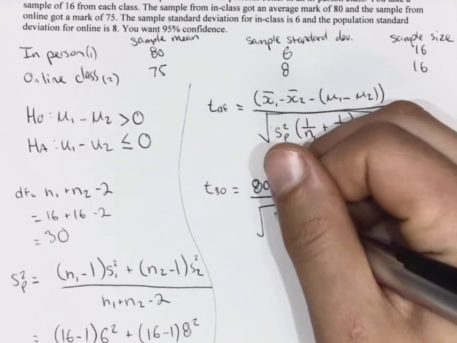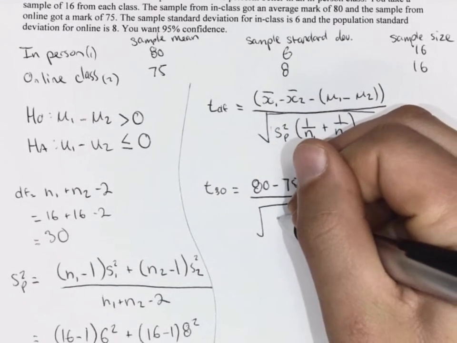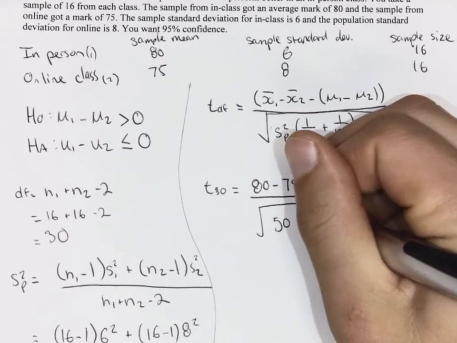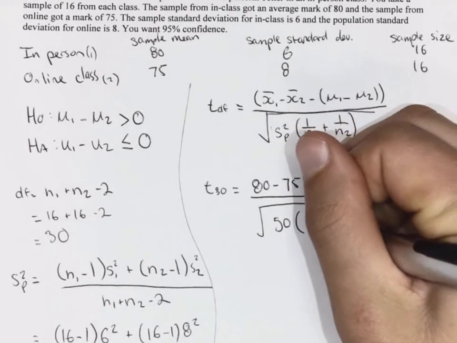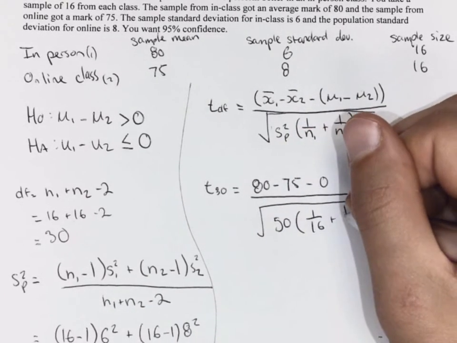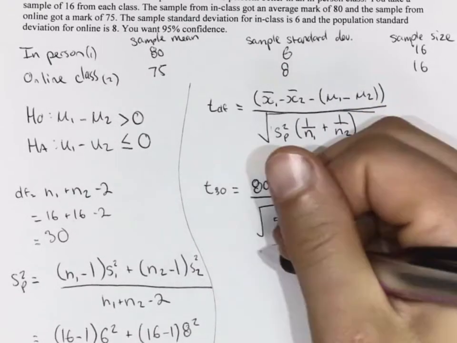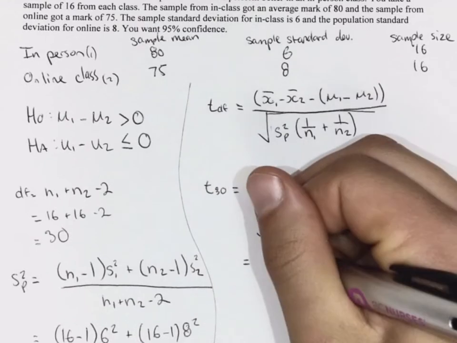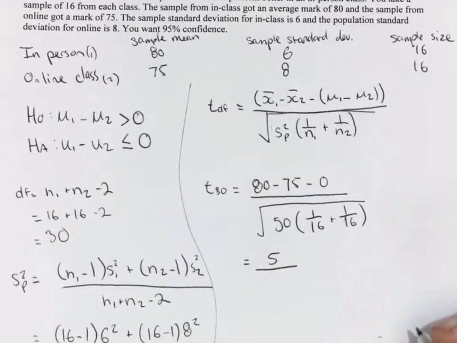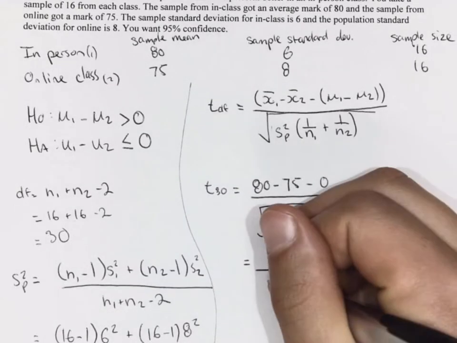Divided by the square root of 50 times 1 over 16 plus 1 over 16. So 5 divided by the square root of 2/16. 2 divided by 16 is 0.125 times 50, and we can take the square root, 2.5.